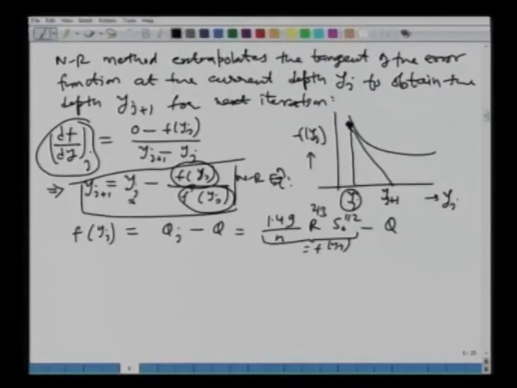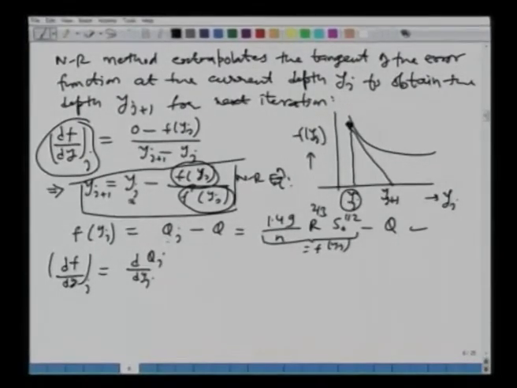So, what would then your df over dy at j be from this equation? What you need to do is differentiate this equation with respect to y, and that will give you the f prime. So, if you did that, you have d over dy j of your Q j.